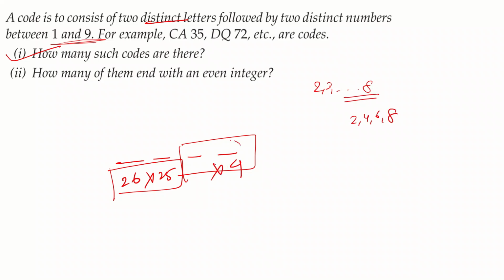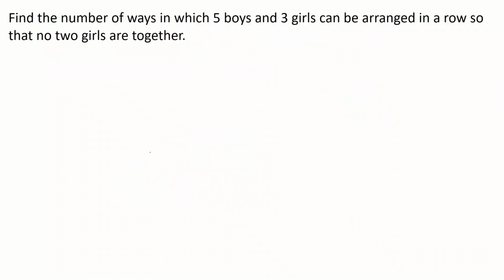And when we have filled up this place with any of these 4 numbers, then for this place we have 7 minus 1, 6 options remaining. So this is the answer: 26 times 25 times 6 times 4 is the answer for the second case. Okay, so you find it out.